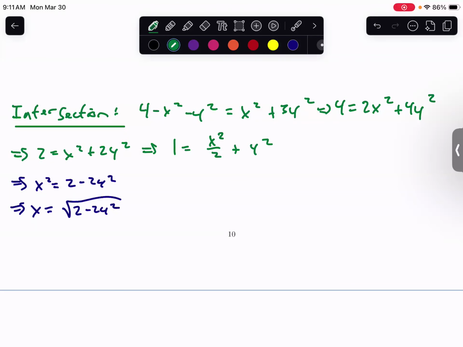And you can rewrite this as x over the square root of 2, squared, plus y over 1, squared. And this is the equation of an ellipse, from this form here, where the x radius is given by the square root of 2 and the y radius is given by 1.